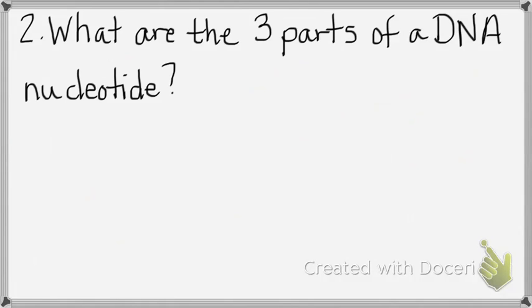Number 2, what are the 3 parts of a DNA nucleotide? Well, I'm going to draw one, and then we'll talk about what the 3 parts are. Okay, let's talk about the P with the circle around it.